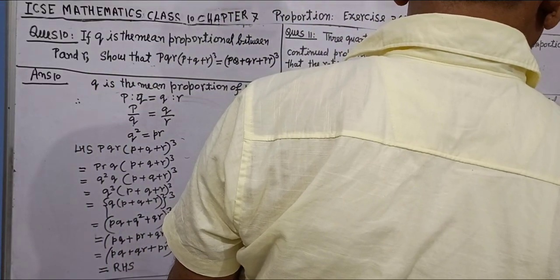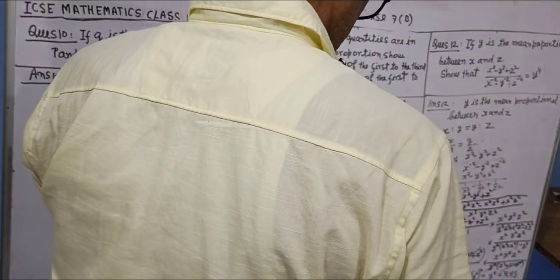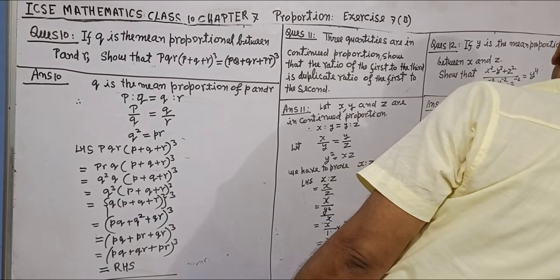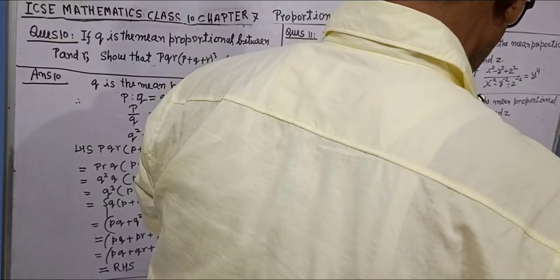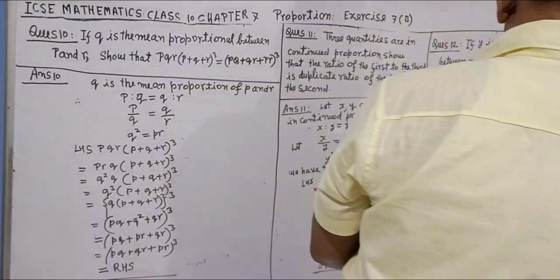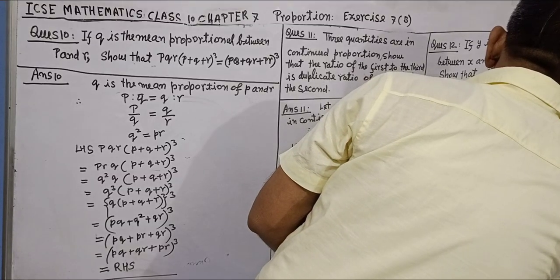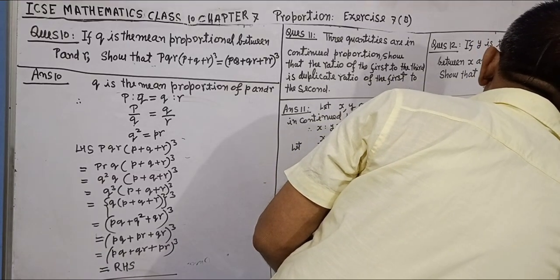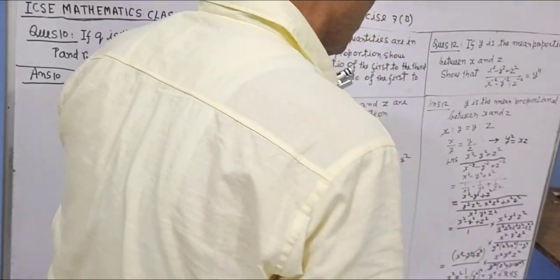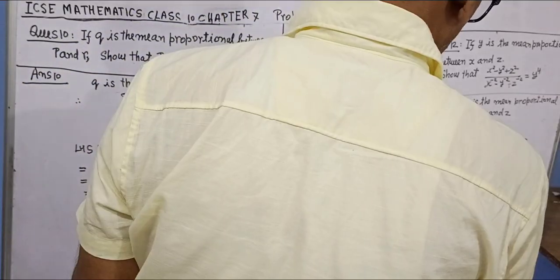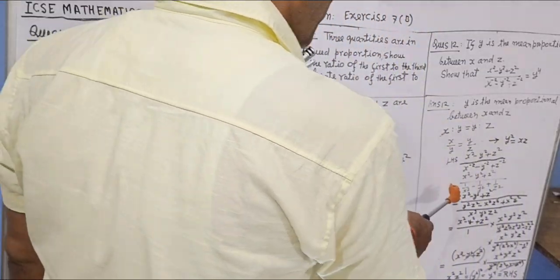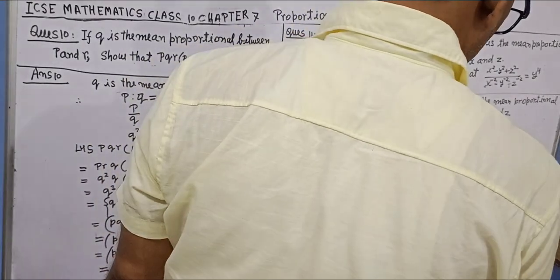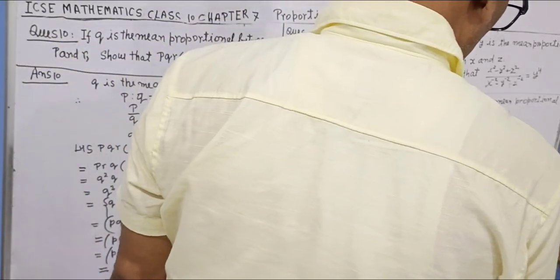Left hand side: x square minus y square plus z square, where y square is equal to xz. x square minus y square plus z square upon x to the power minus 2 minus y to the power minus 2 plus z to the power minus 2, equal to x square minus y square plus z square upon 1 by x square minus 1 by y square plus 1 by z square.